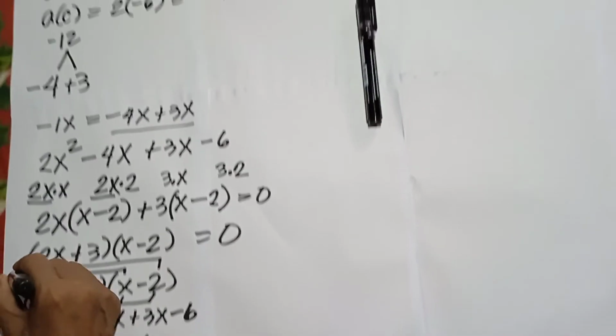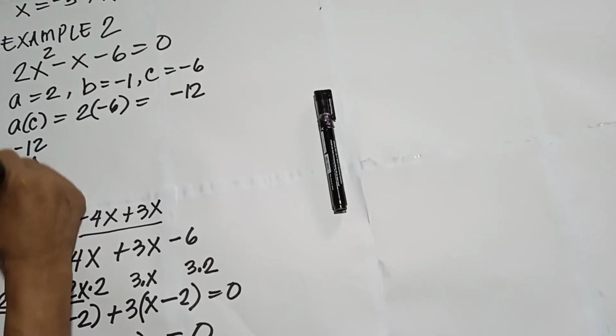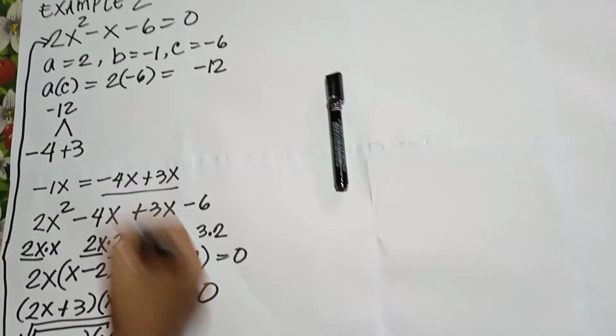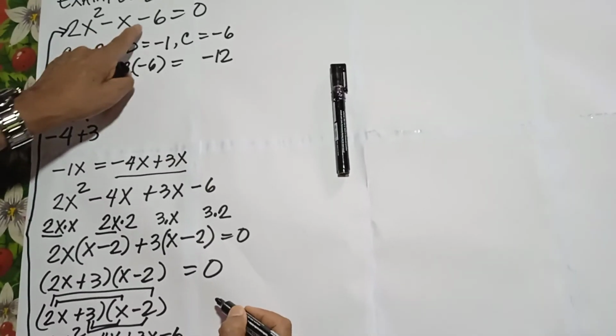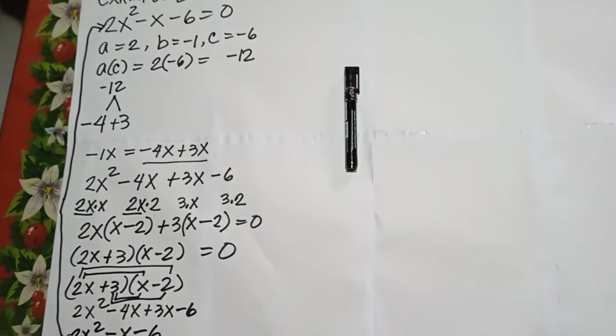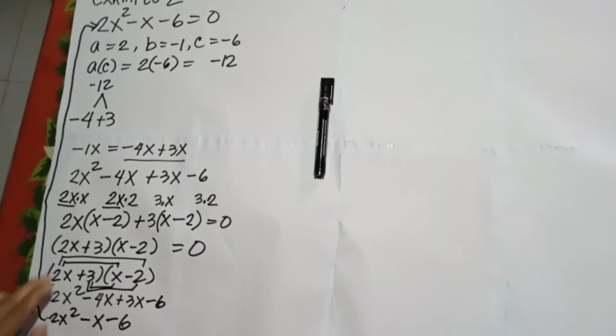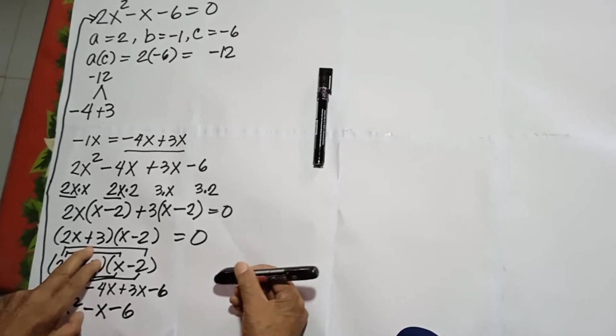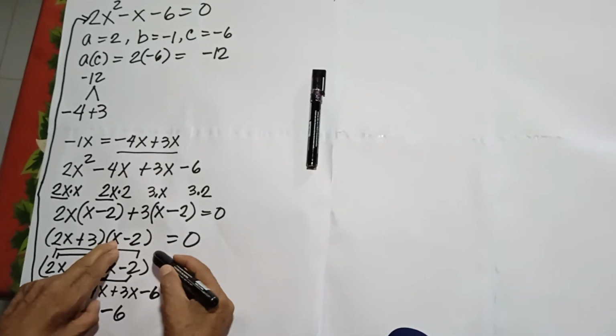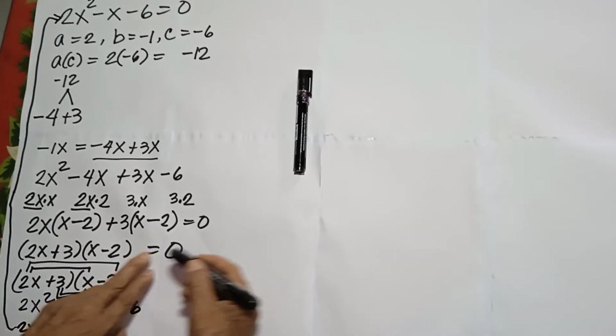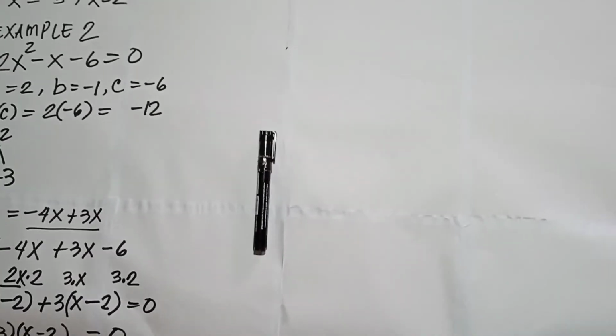That is very similar to the original equation, 2x squared minus x minus 6. Therefore, the factors 2x plus 3 times x minus 2 equals 0 are correct.